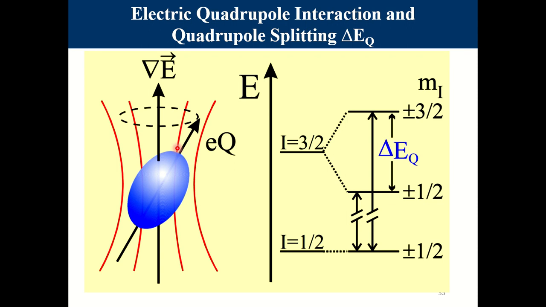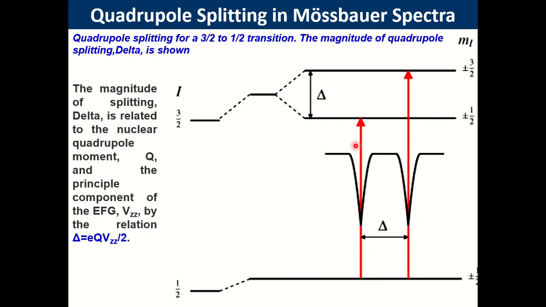This precessional motion, you will encounter this term in NMR, in ESR, in all these cases. So this is important to understand. So when it takes up this arrangement, the energy levels are split up in this manner. Sometimes this is also shown simply by a delta sign, and the magnitude of the splitting delta is related to the nuclear quadrupole moment we just talked about.